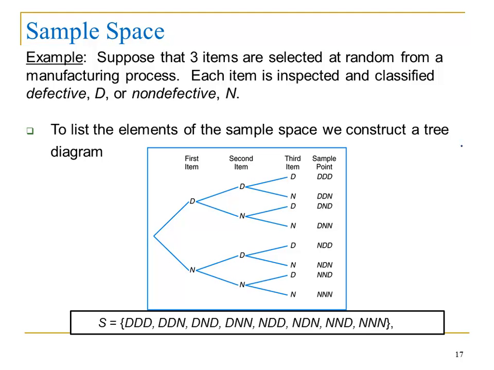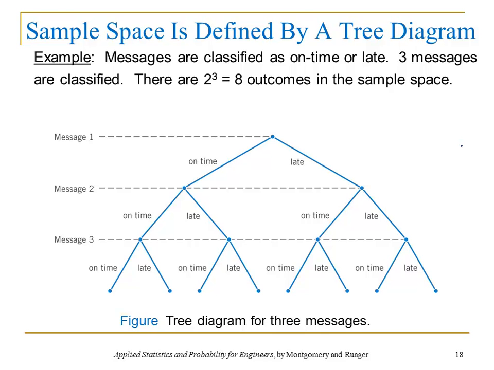Okay. So I have another example. It's basically another scenario in which we have messages that are classified as on time or late, and you are basically looking at 3 messages. So again, you want to list the possible outcomes for these 3 messages that you're looking at. So it could be on time or late.